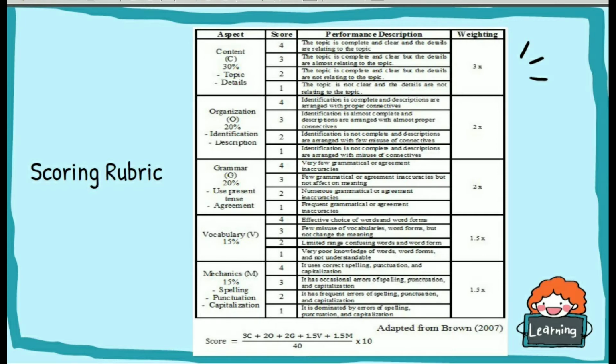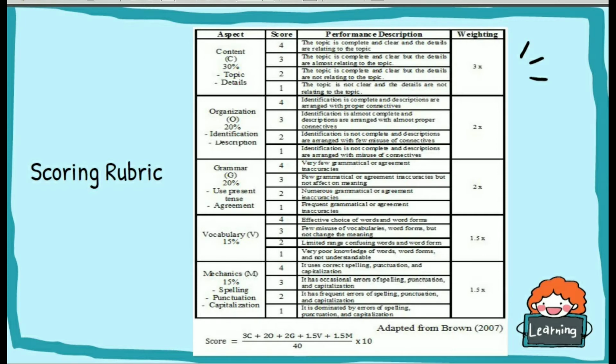And score 2, identification is not complete and descriptions are arranged with few misuse of connectives. And for score 1, identification is not complete and descriptions are arranged with misuse of connectives.